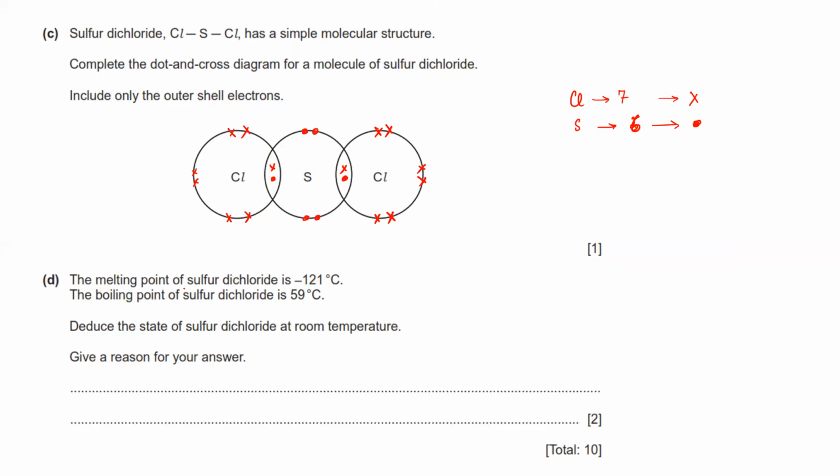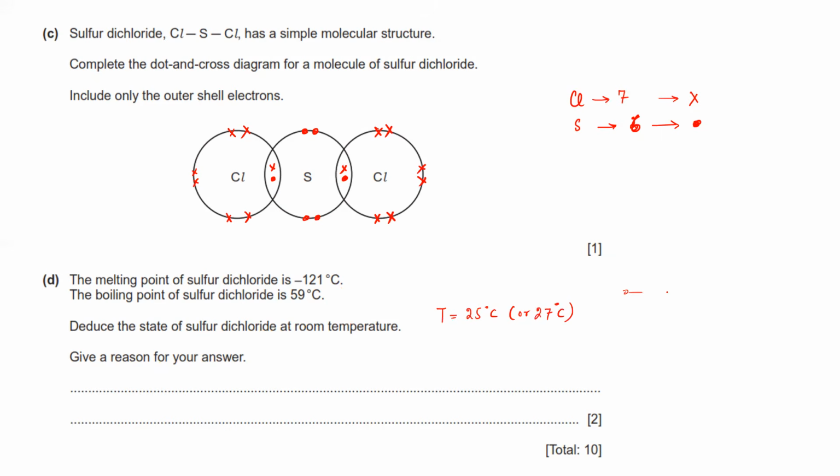Then part D, it says melting point of sulfur dichloride is minus 121 degrees. The boiling point of sulfur dichloride is 59 degrees centigrade. Deduce the state of sulfur dichloride at room temperature. So room temperature is something like 25 degrees centigrade or 27 degrees centigrade.